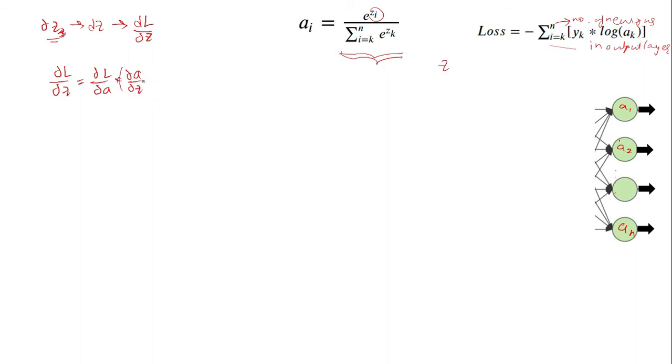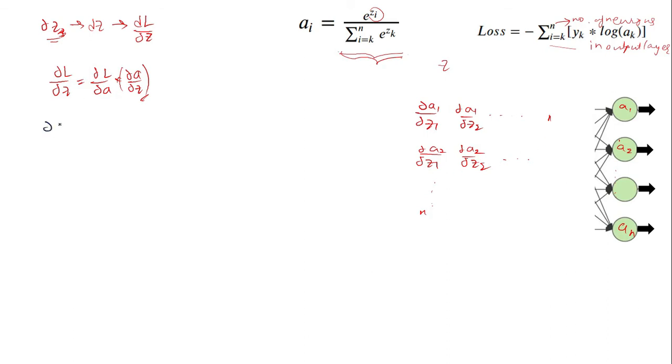We will first find this dA by dz, and this dA by dz just represents that we are going to find dA1 by dz1, dA1 by dz2, and so on, and similarly dA2 by dz1, dA2 by dz2, and so on down below as well, up till n and up till n.